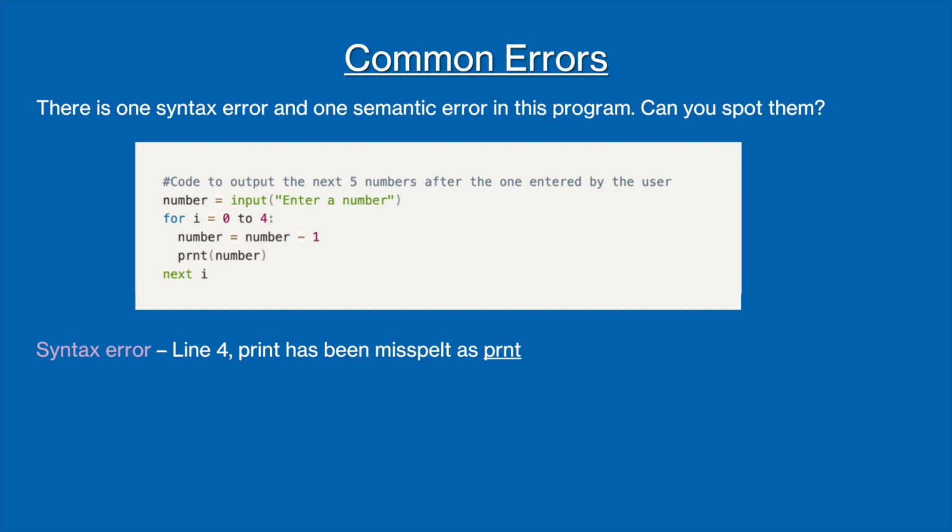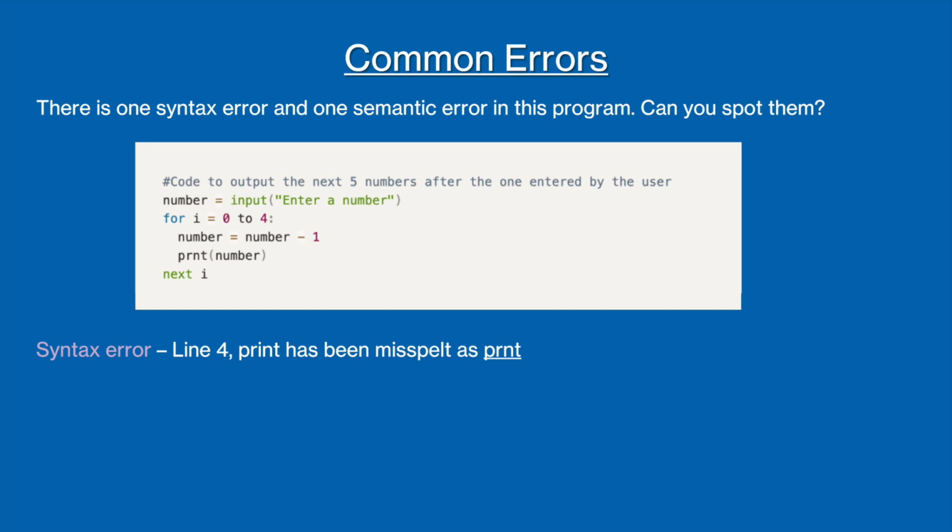If we step through the code line by line, we can try and spot if this happens, and if not, where the error is. So in the first line, the program is simply asking the user to input a number, and is storing it in a variable called number, which is fine. In the second line, we have a for loop, which is looping through the program 5 times, which makes sense as we want to output 5 numbers.